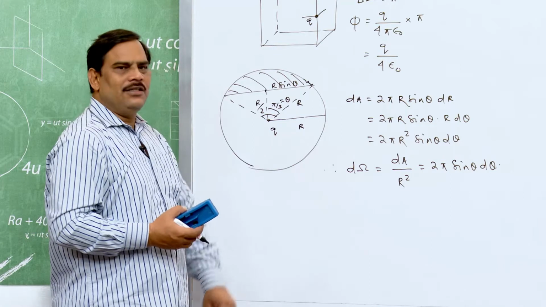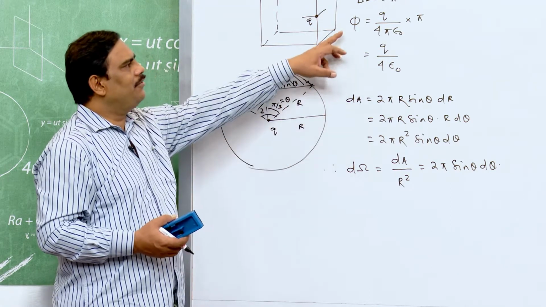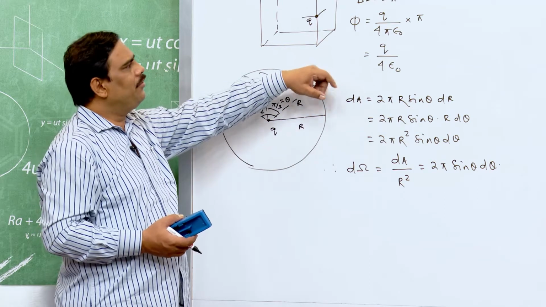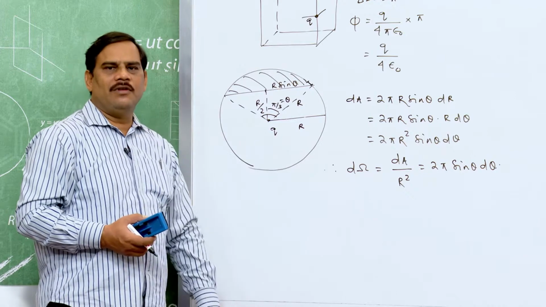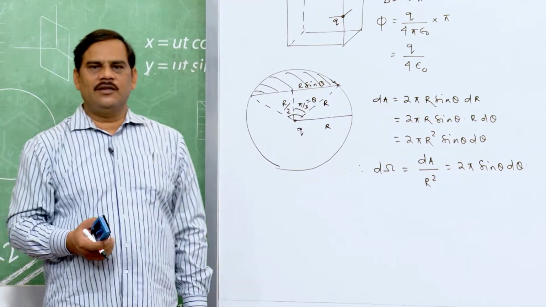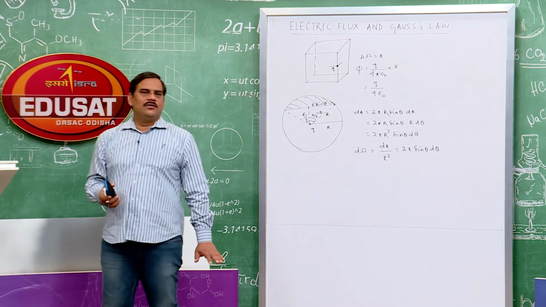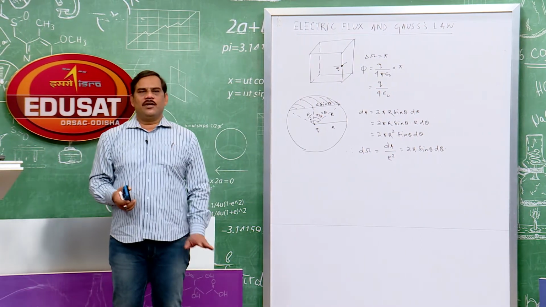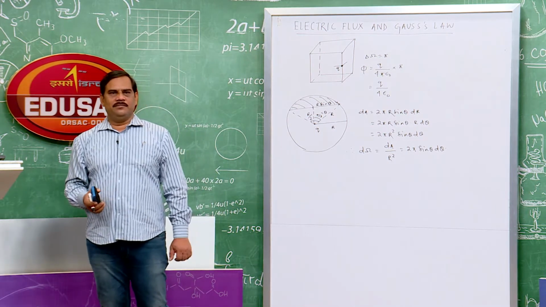So, now integrating d omega, we can find the value of omega, and putting in the expression of phi equal to q by 4 pi epsilon 0 into d omega, we can find out the value of flux linked. Okay. So far we have calculated in different cases how to calculate the value of flux linked with a surface due to a charge or electric field.